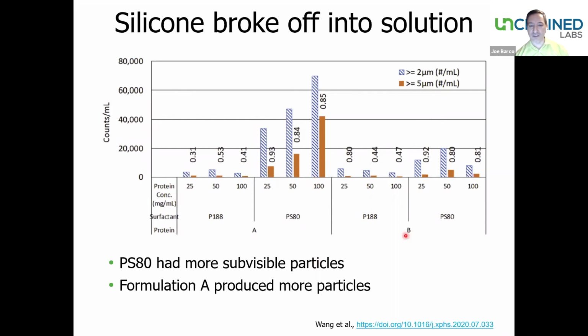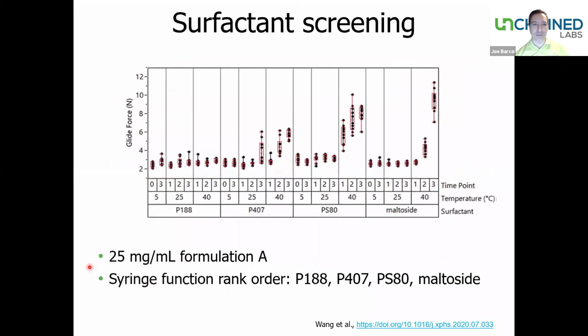The same thing occurs with formulation B, which is protein B, although to a smaller extent than with formulation A. So what they wanted to do is look at formulation A in more detail and understand why you see this stark difference between these two different surfactant types with respect to syringe performance.